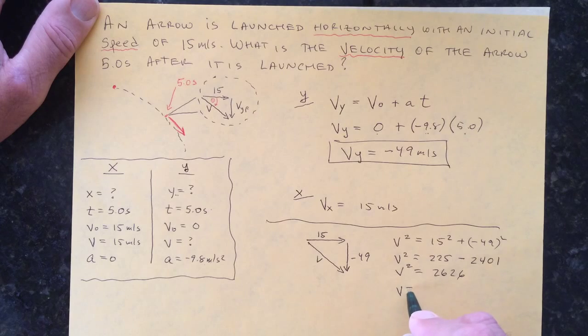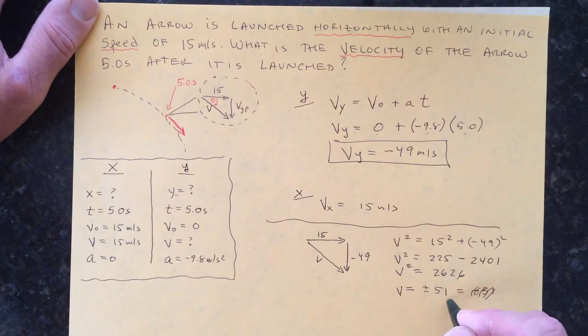and v is going to be equal to plus or minus 51. Now I'm rounding to 2 sig figs because I have 15 and I have 49. Now since this is downward, the answer is, well, negative 51, but that's actually not really that important.